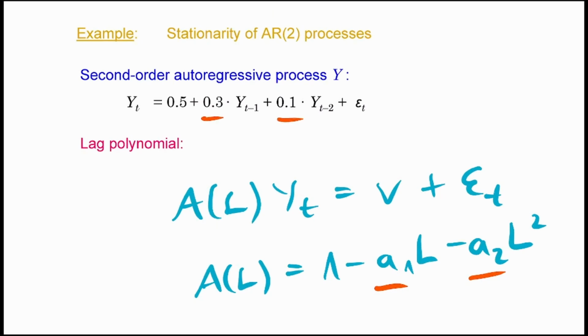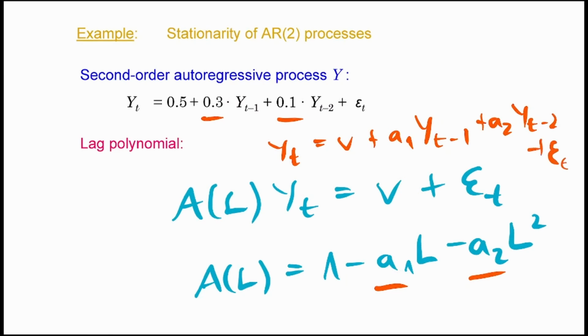If the structure of the process is that you have v plus a1 y_{t-1} plus a2 y_{t-2} plus the noise, this is consistent with that. So in this case, a1 is equal to 0.3 and a2 is going to be equal to 0.1.